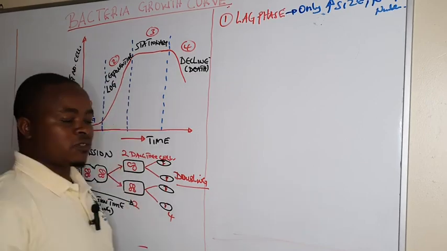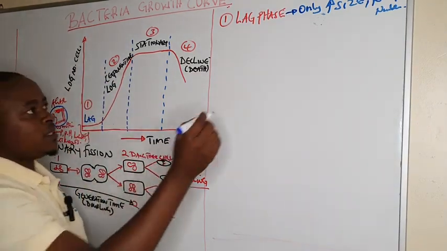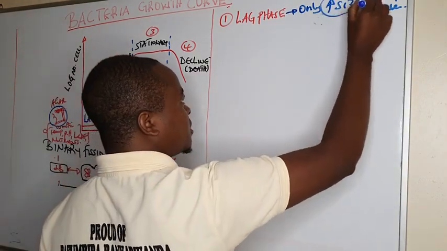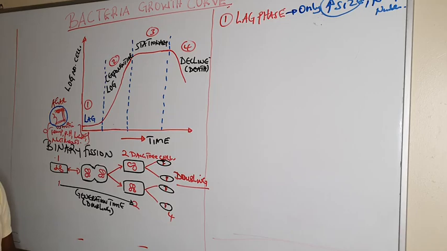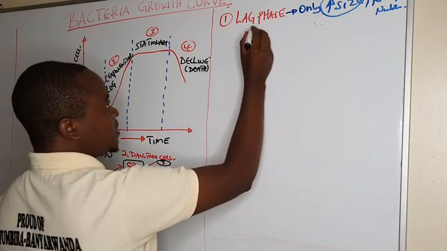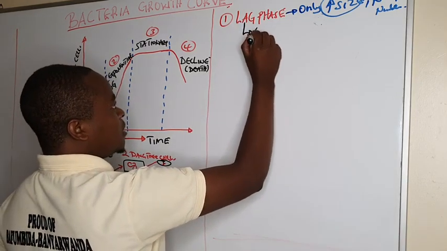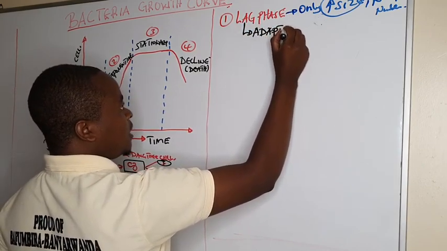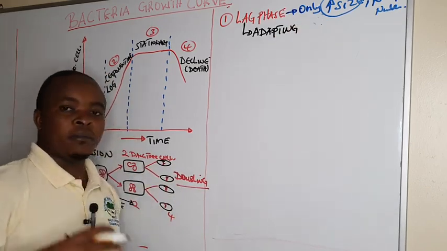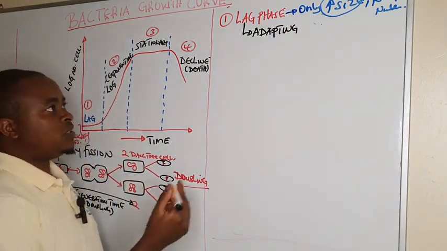The bacteria is remaining the same, but what is happening, it is increasing in size. And as it is increasing in size, it is adapting. Here, there is what we call adaptation. It is adapting or acclimatizing to the new environment.